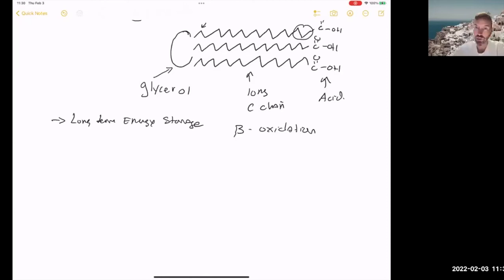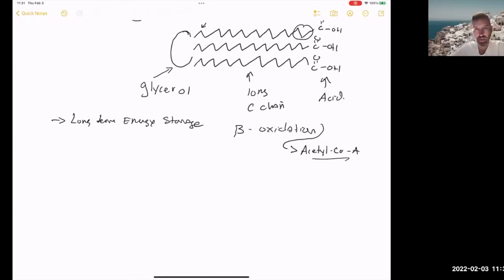And then those small chunks can be ultimately fed into biochemical pathways that produce energy. These fats are oxidized into a substance called acetyl-CoA and other chemicals that can be fed directly into energy producing metabolic pathways in the body. So they do act as a long-term energy storage.